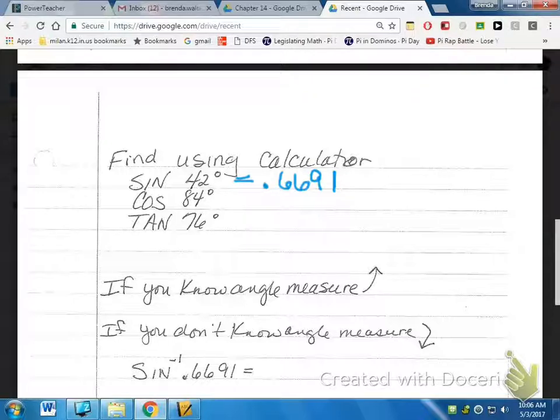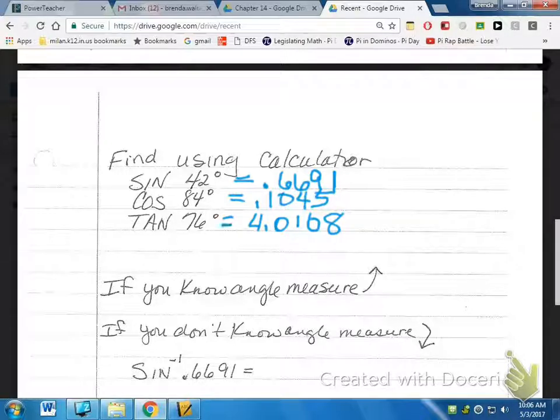Anybody have any trouble with that? That's rounding off. Cosine of 84, so cosine 84, and I get 0.1045, and then there's a 2, but that rounds off. And then tangent of 76 would be 4.0108.